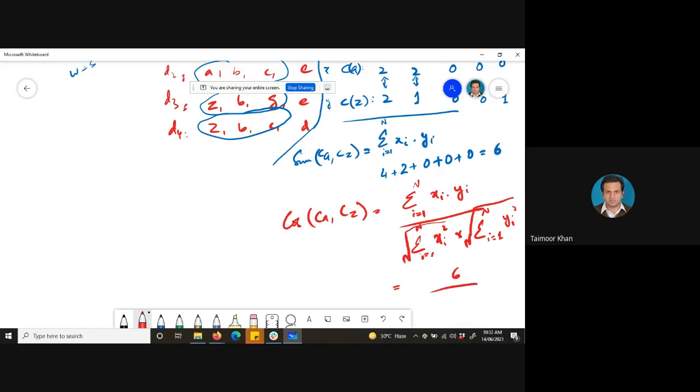So that is going to give us 4 plus 4 is 8 under the root, into 2 plus 1 plus 1. So that is basically 4 under the root. So whatever value we get from here is going to be the cosine similarity score between these two contexts.